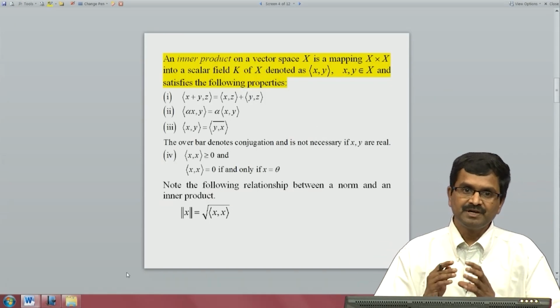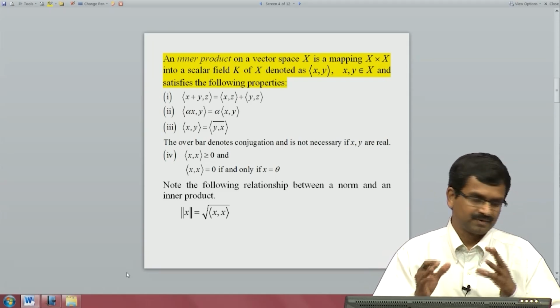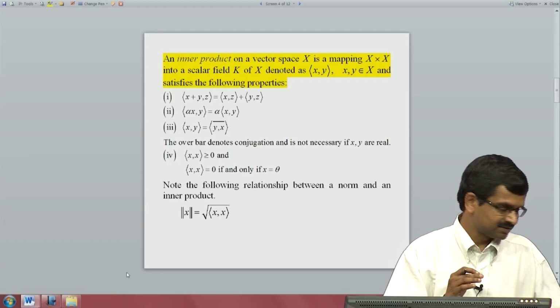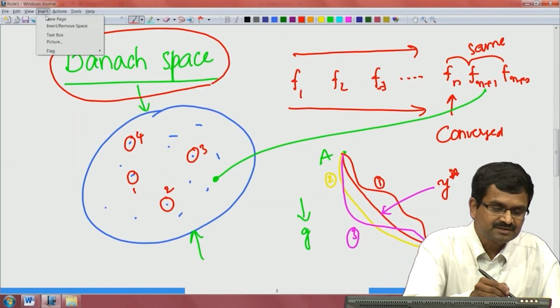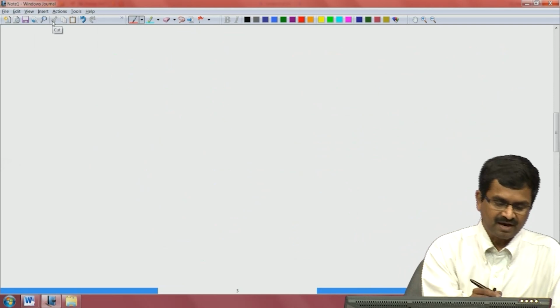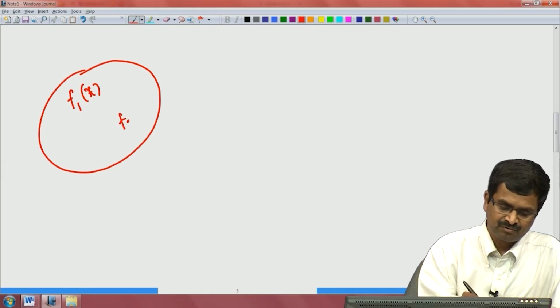For the norm we needed the element itself, x, and we put 2 bars on it, saying the norm. So, if I go back here, let us go to the next page. If I have a function space, I have different functions: f1 of x, f2 of x, f3 of x and so forth.